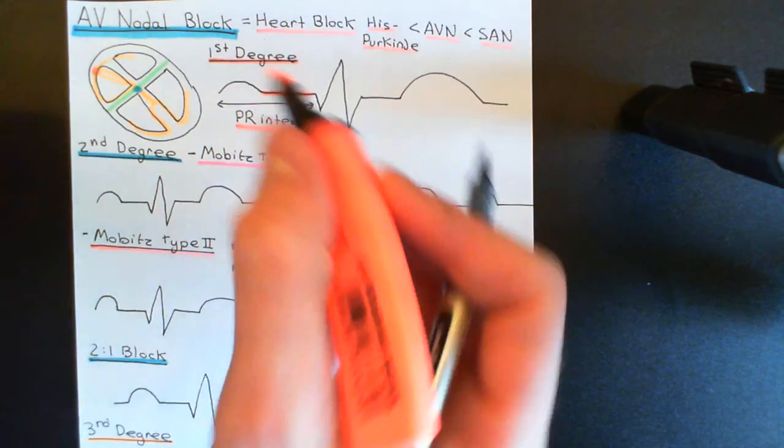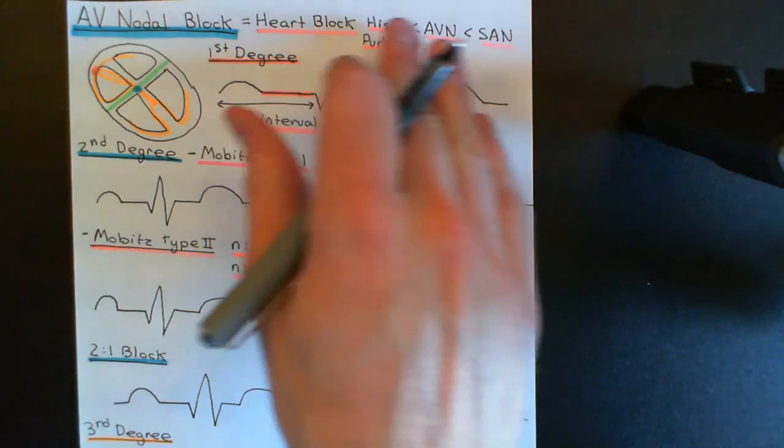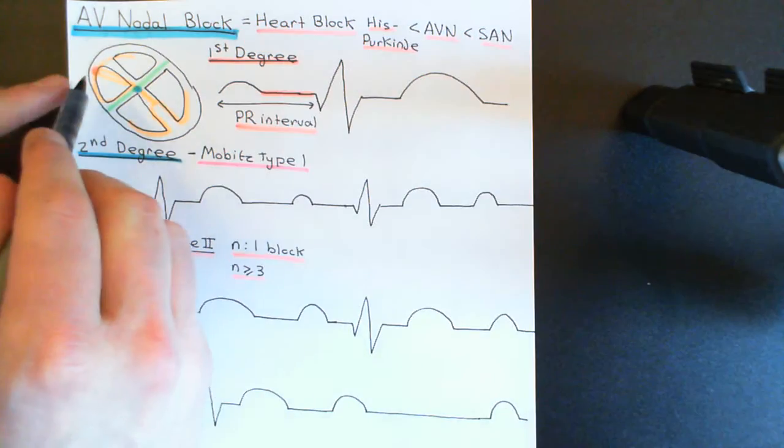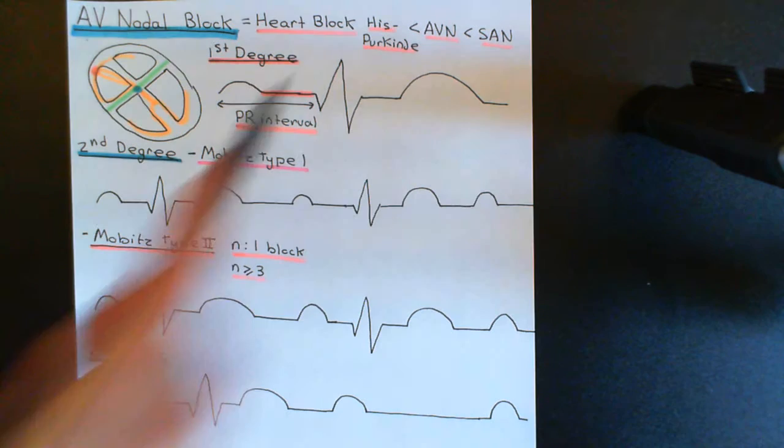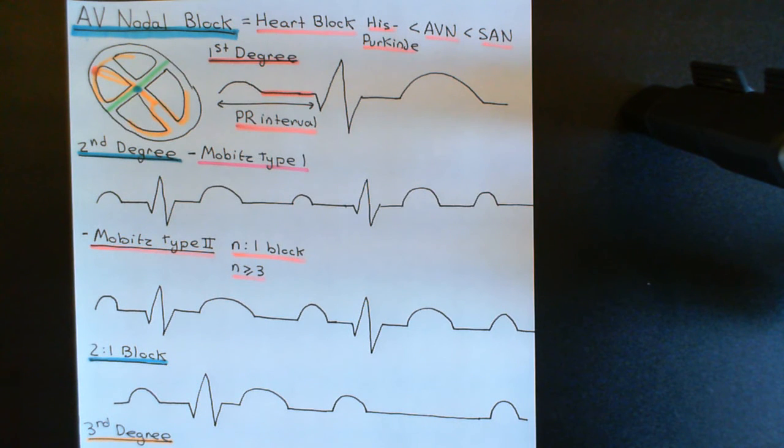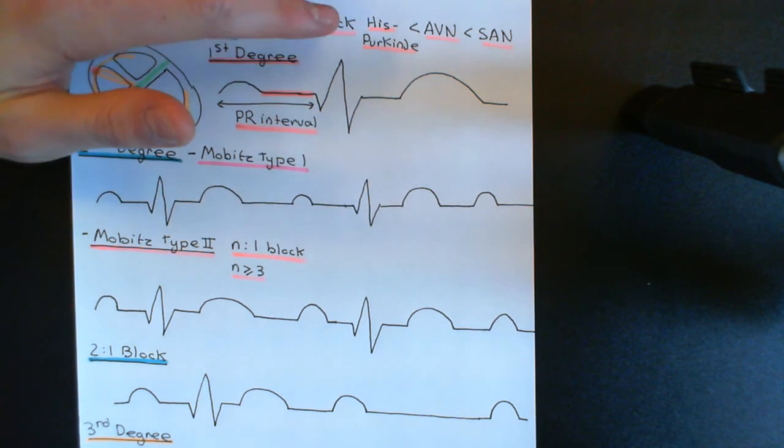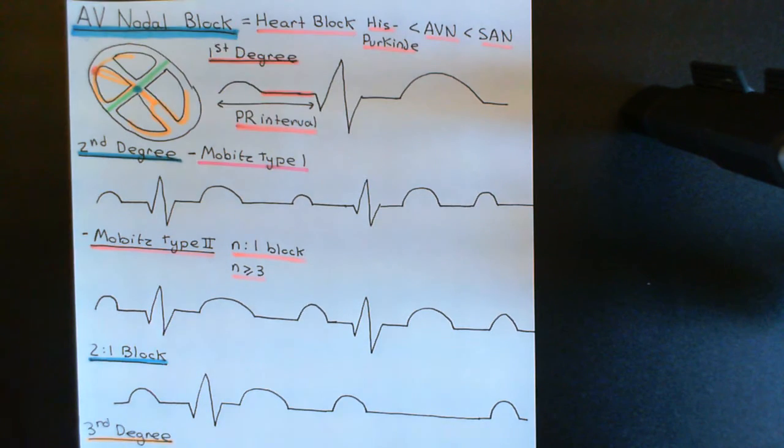They'll just be contracting driven by totally different clocks now. So the sinoatrial node will be determining how the atria contract, and the His-Purkinje system will be determining how the ventricles contract. And the ventricles will be contracting far less often than the atria.